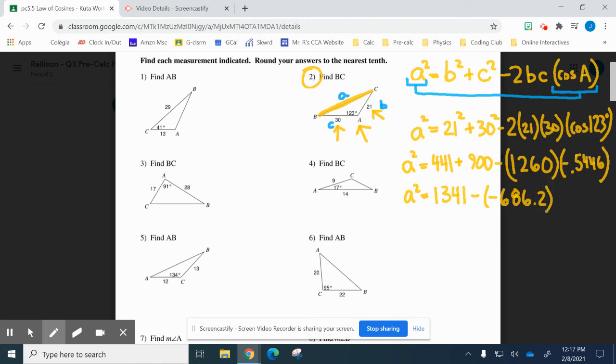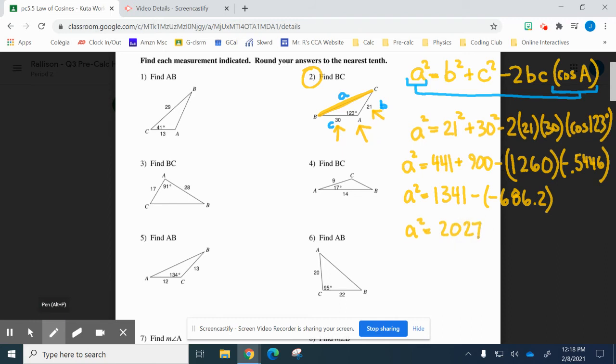All right. So then we'll say that A squared equals 1341 plus, because minus a negative, 686.2, that's going to equal 2027.